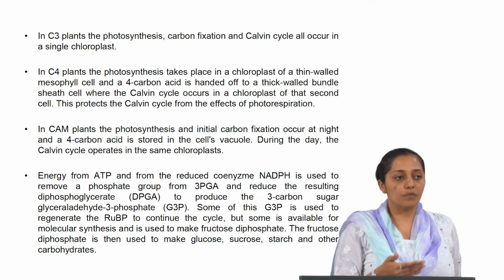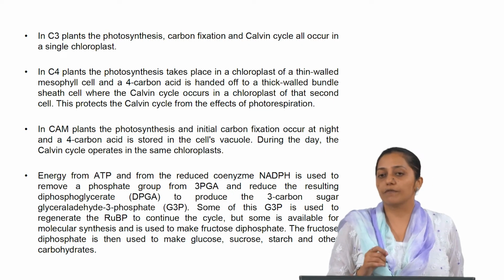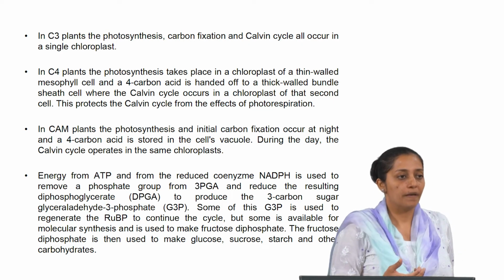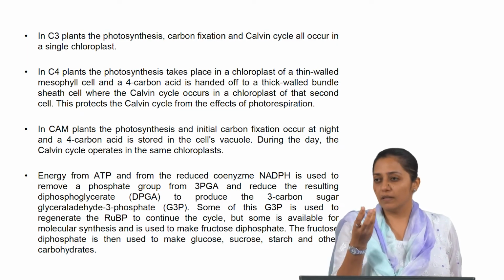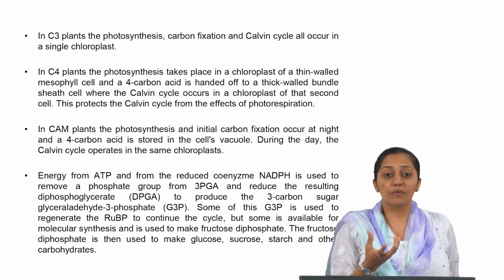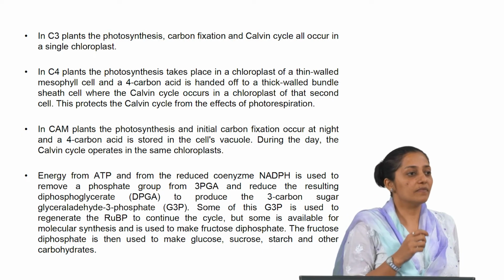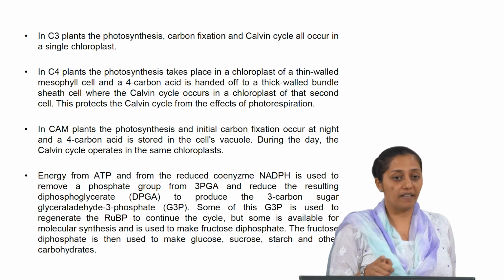Then there is one other kind of metabolism which is called CAM metabolism, which is found in succulent plants. Why succulent plants? These leaves are plump with a lot of water content. There is a reason why they become plump with a lot of water content, because of the 4-carbon molecule, which was malate.